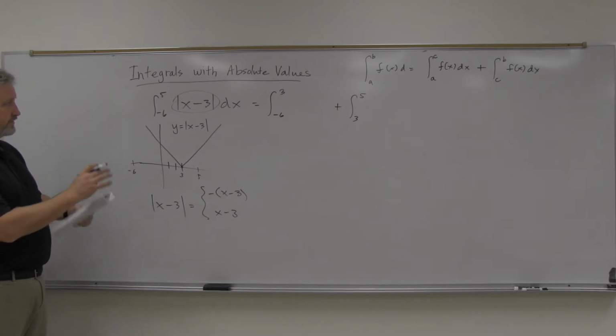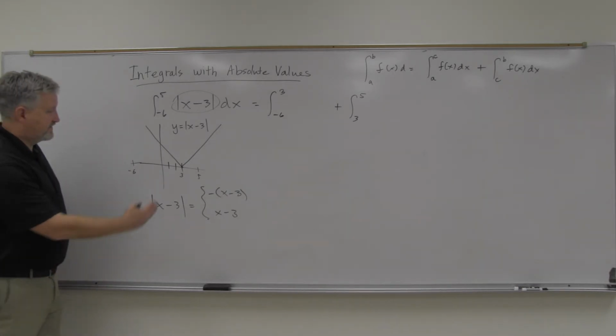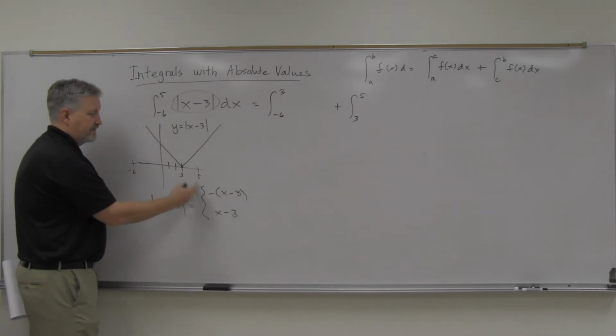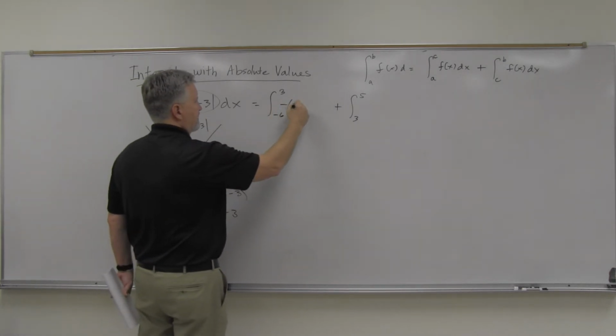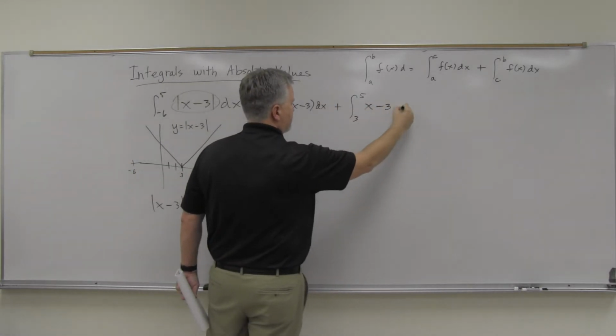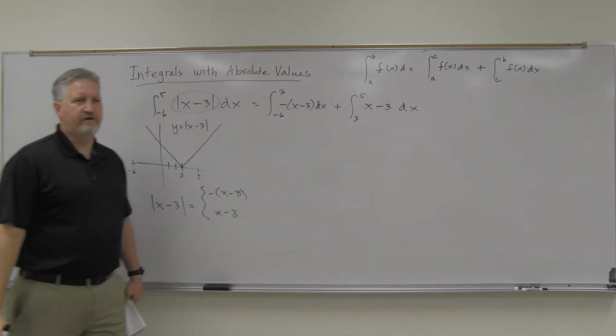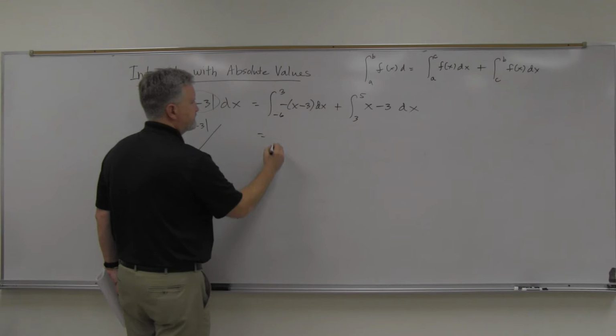And if it's just a regular absolute value like these are, it's pretty easy. I mean, this side is going to be the minus, and then that side is going to be the positive. So this would be the minus of x minus 3, and this would be just the x minus 3. Okay? Pretty straightforward on those.